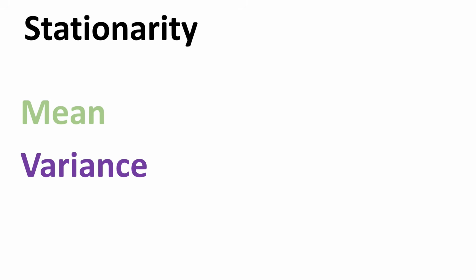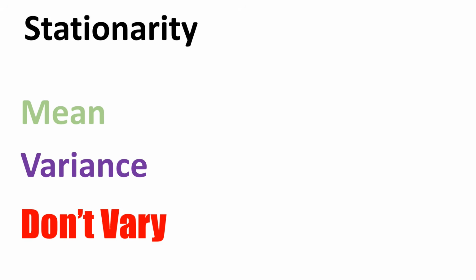So stationarity, if I put it in very simple layman terms, simply says that the mean and variance or covariance or standard deviation of the dependent variable don't vary by time. What does that mean?